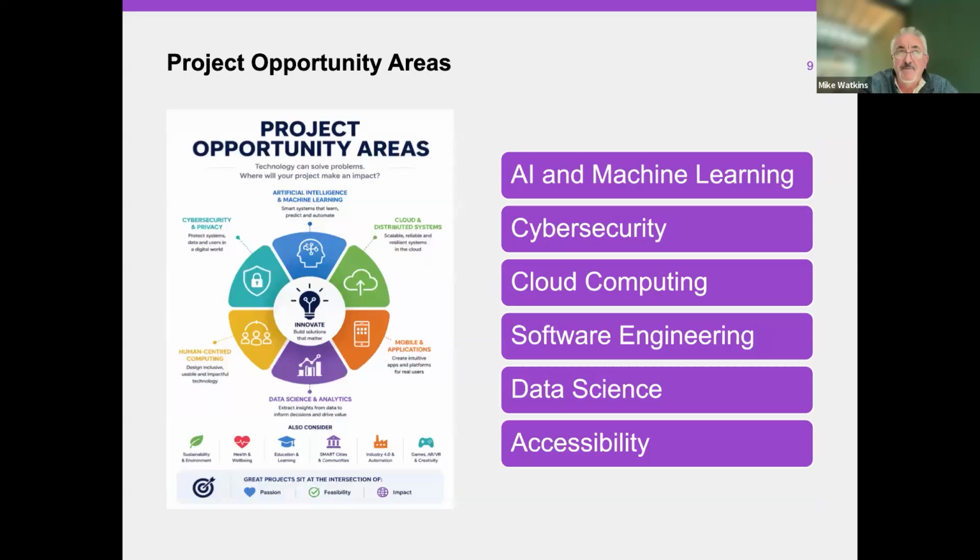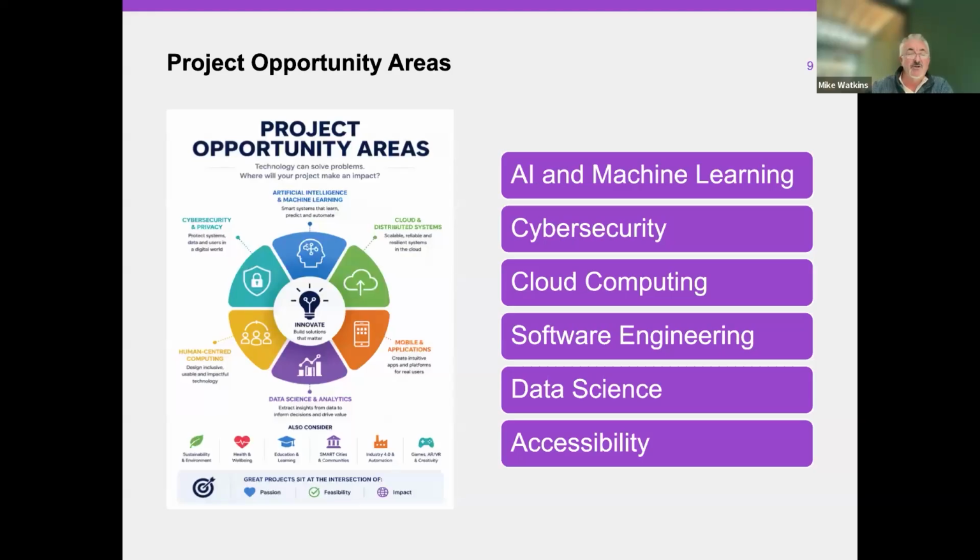So in terms of computer science, it is a really big umbrella term, and we've got things like artificial intelligence, cloud computing, software engineering, data science, and then human-computer interaction and accessibility. So your project can pick 1 or 2 of those areas, and that could add value, or augment the project that you're doing.